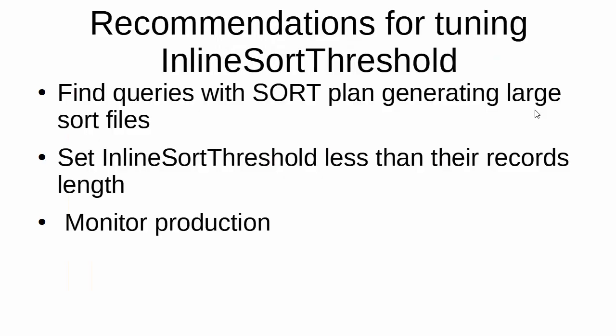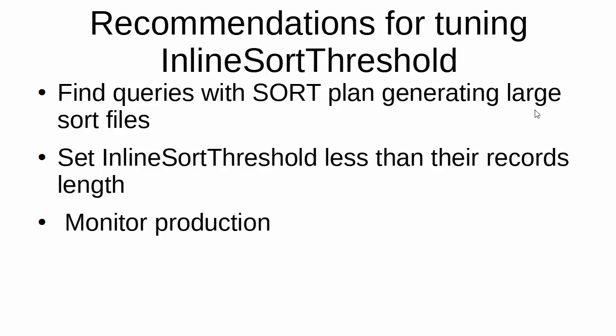So here are some practical recommendations for tuning inline sort threshold. It's pretty simple. You just need to find queries with a sort plan which generates large sort files, and try to set inline sort threshold less than their record length. You will identify the record length from the plan in the output of the trace if you set explain true.